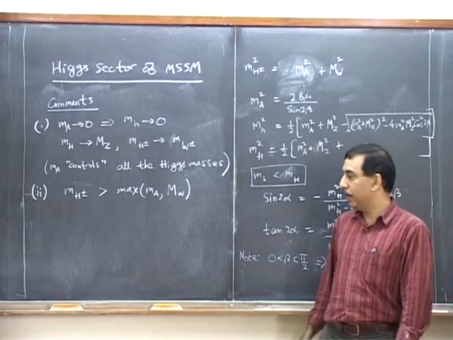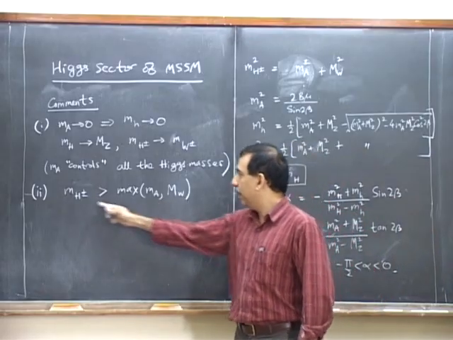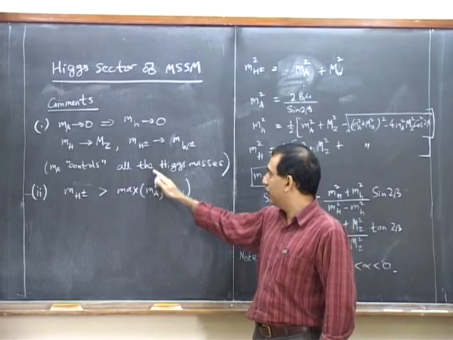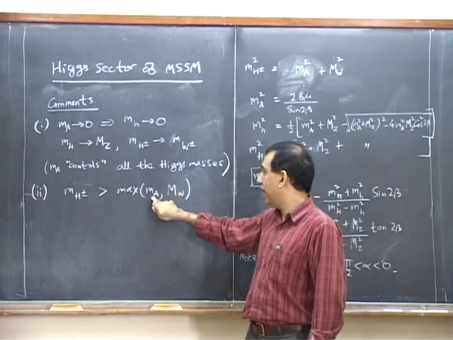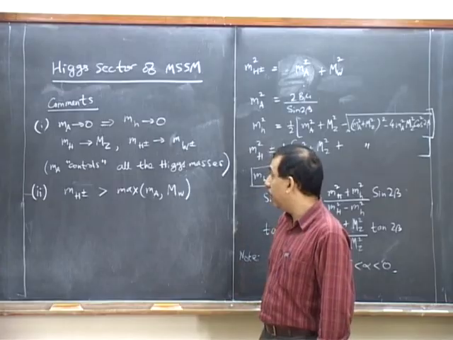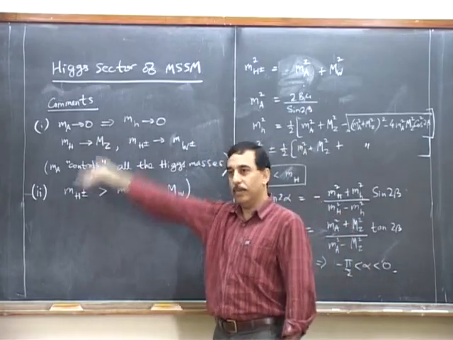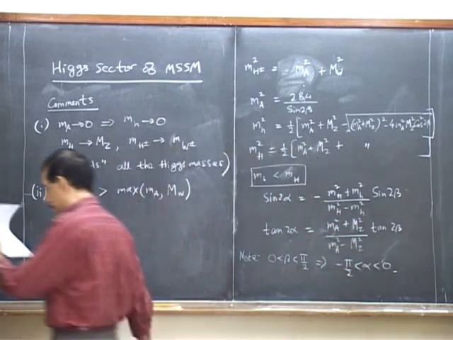So they are in particular heavier than both. That means in a limit when MA is very light, these will nevertheless be heavier than the W boson. In fact, we just saw that when MA is 0, these become degenerate with the W boson, but for any other value of MA, they are heavier. And in another limit, when MA goes to infinity or becomes very large, then these guys will become even larger. Okay, so there is a lower bound for the charged Higgs.